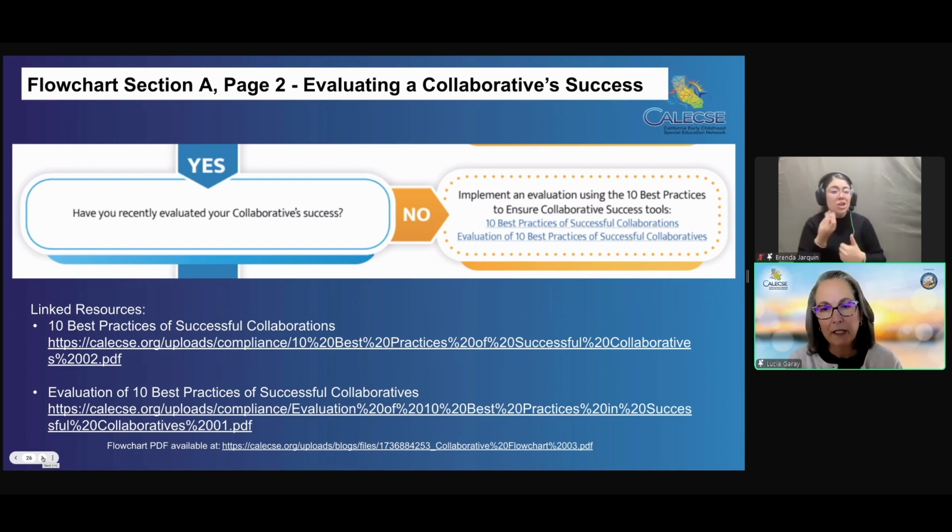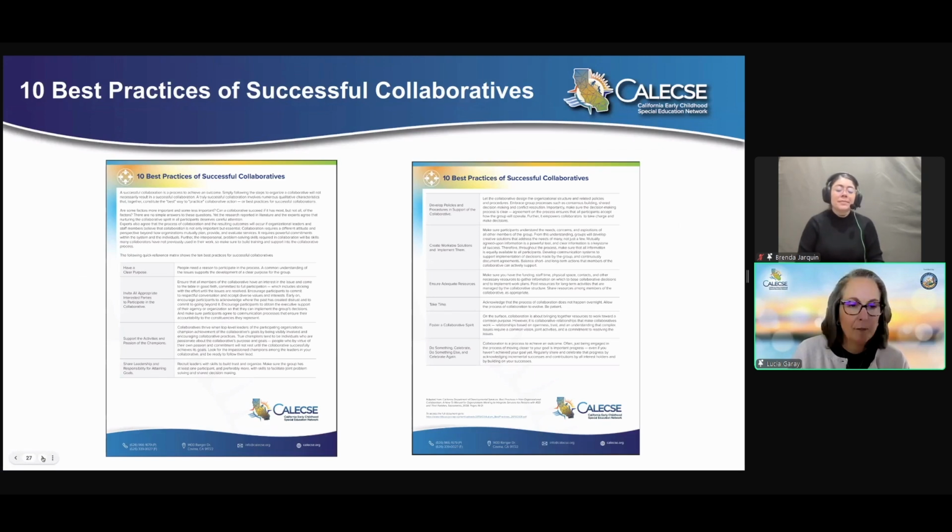So here we really do want to focus on asset-based assessment of our collaborative practices in each region. Both of the links are here.